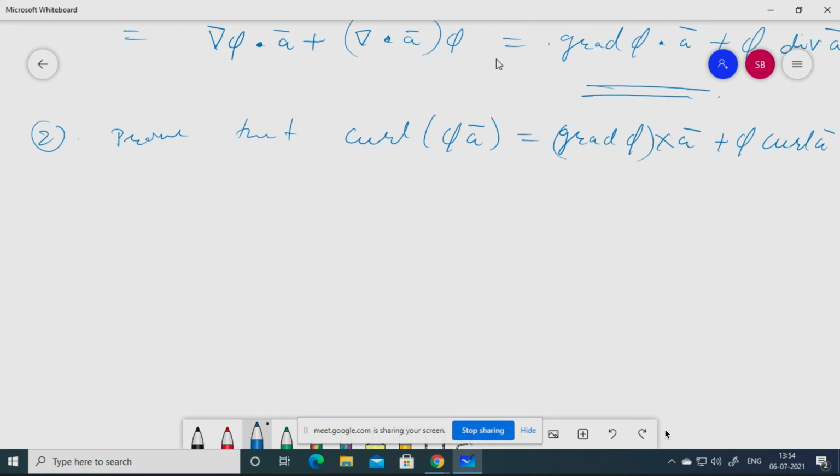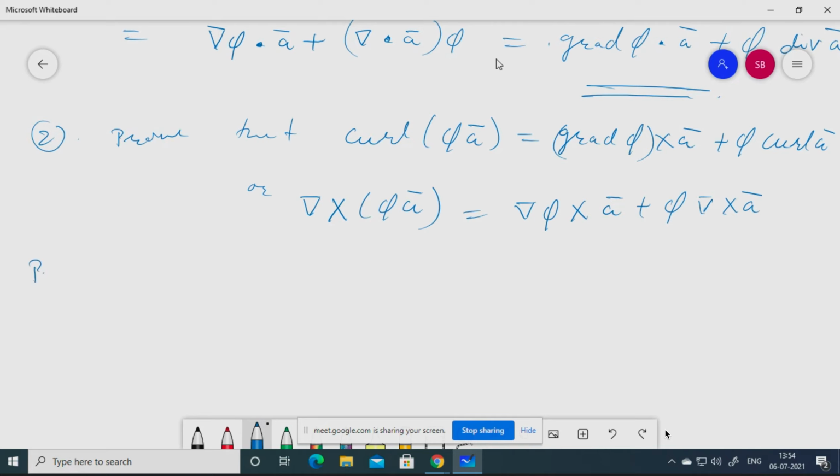Or in notation, curl means del cross. Del cross represents curl of something, that something has to be a vector. So it is del phi, gradient of phi, cross A bar plus phi into del cross A bar. These are two different things.